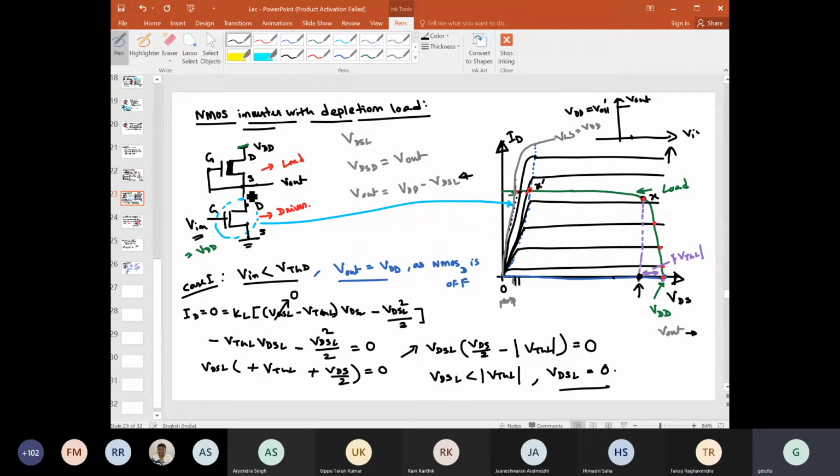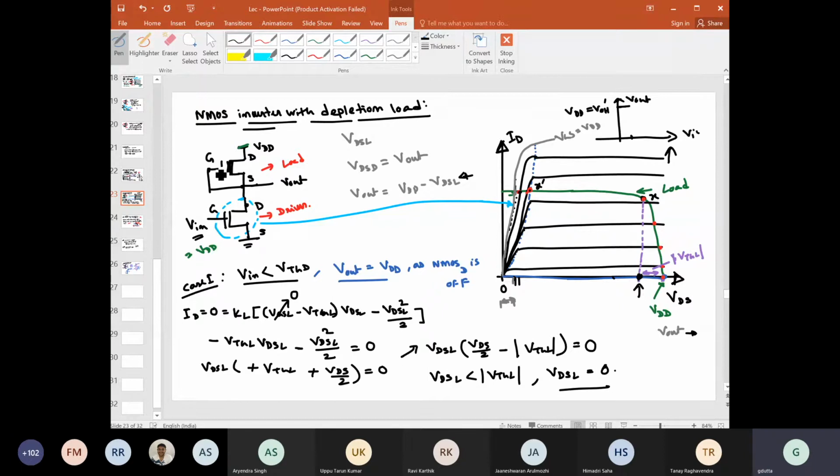So how can we fix that? Definitely, the input voltage we have applied here is not controlling the switching on and off of this transistor.